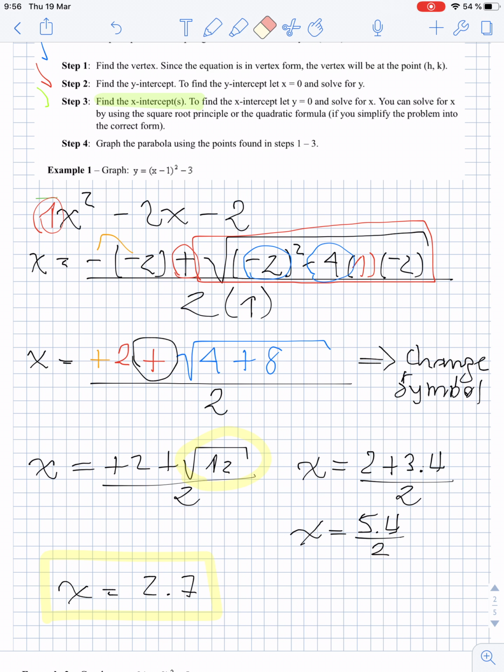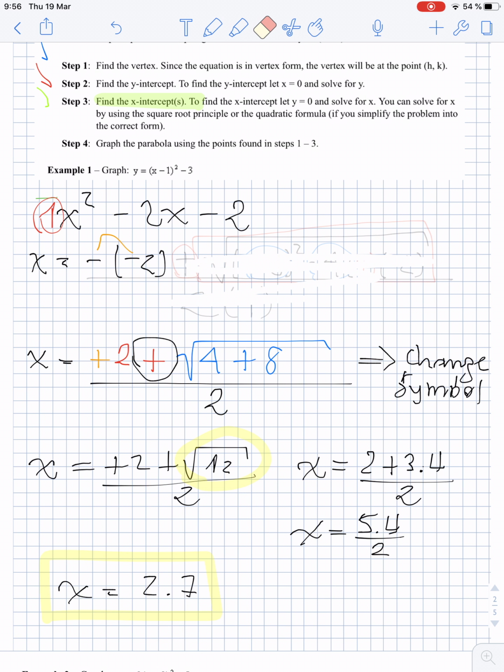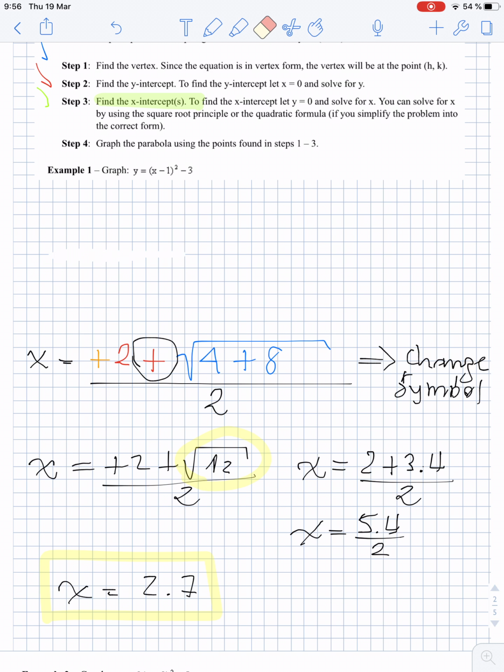With minus, we will have x equal plus 2 minus square root of 4 plus 8 divided by 2. Okay. Now, what is the final answer?